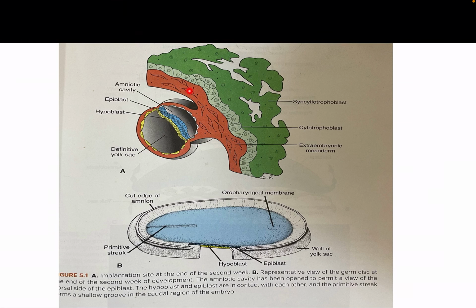This one running inside is the cytotrophoblast layer, and the extraembryonic mesoderm lining over here forms the chorionic plate.